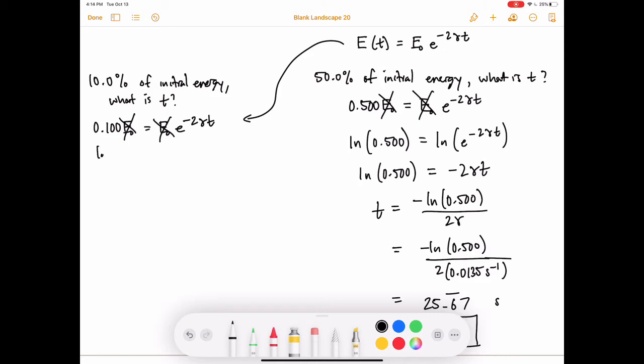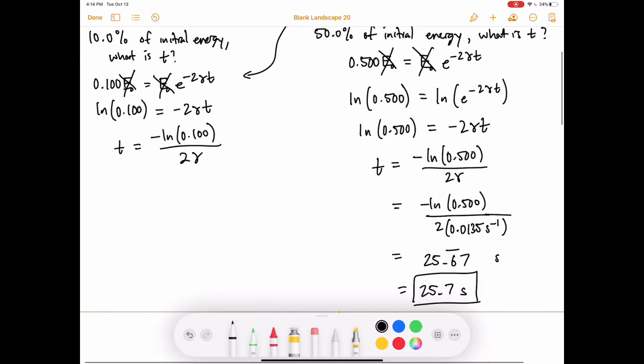We'll take the natural log of both sides. Natural log 0.100 equals minus 2 times gamma t. And we take the natural log of the exponential. Again, we undo it. And then t is equal to minus natural log 0.100 over 2 times gamma, which is 0.0135 inverse seconds again.